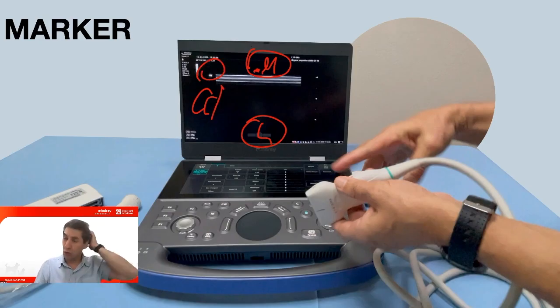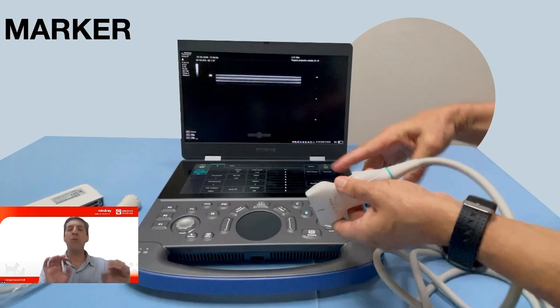So in order to fix the setting and to organize our image to always get the same orientation, the probe should be oriented lateral, cranial, or dorsal.